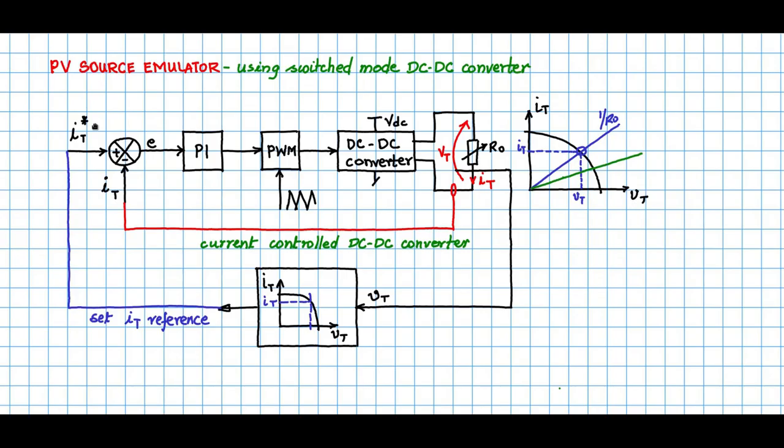Now imagine that R0 has changed, R0 has increased. So increasing R0 means the load line comes like this as shown in the green. Now the moment R0 has increased, IT into R0 would be a higher value. So you will see that VT is like this.